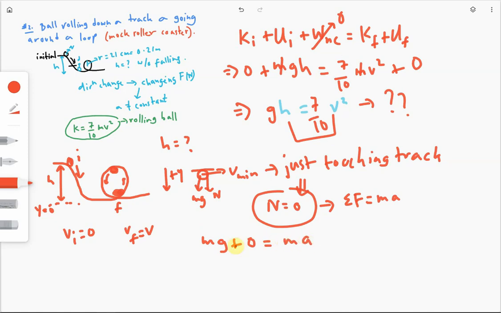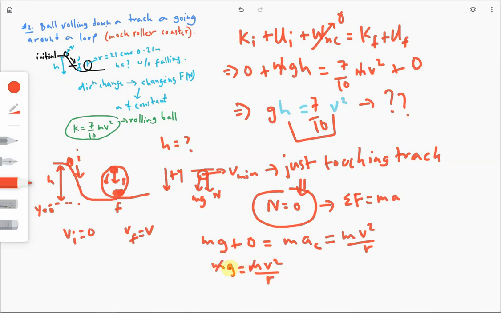What kind of acceleration is this? It is moving in a circular loop, so the acceleration will always point towards the center of the circle. So this is centripetal acceleration, and the magnitude of centripetal acceleration is v squared over r. So we end up with the equation mg equals mv squared over r.